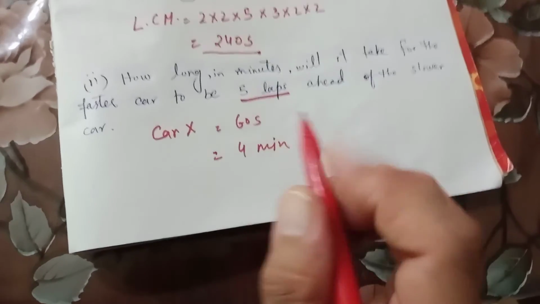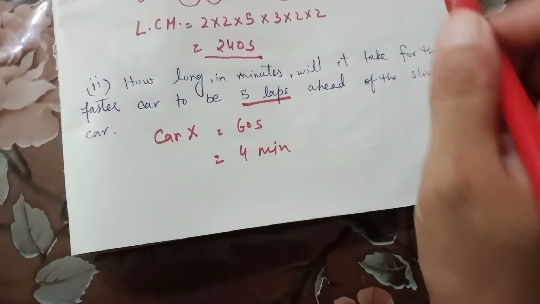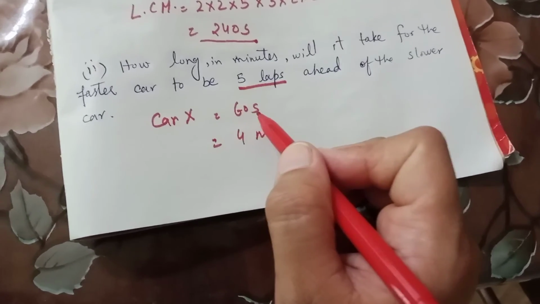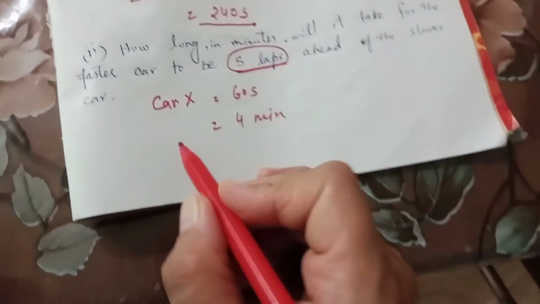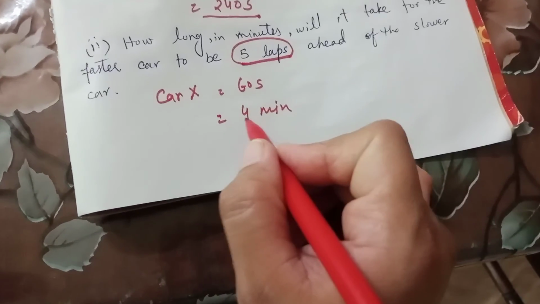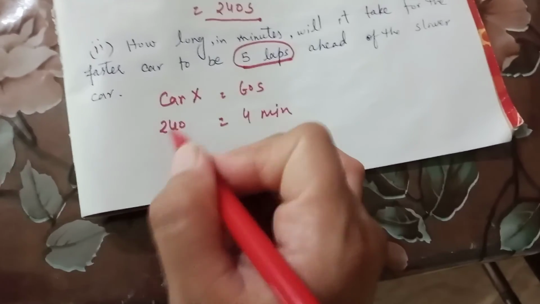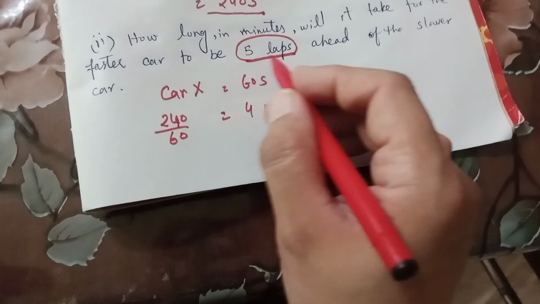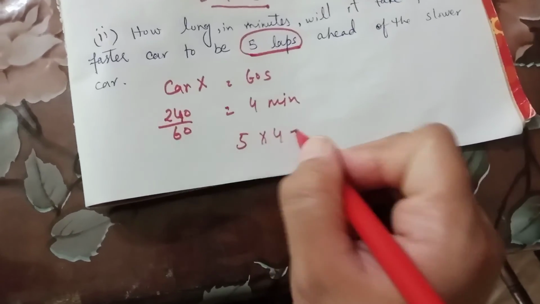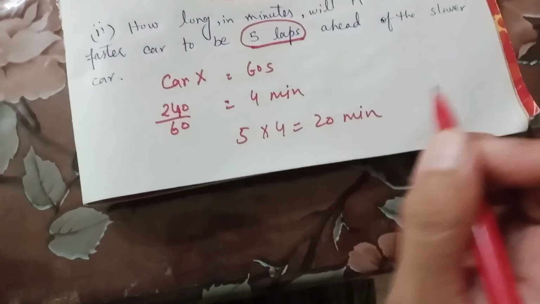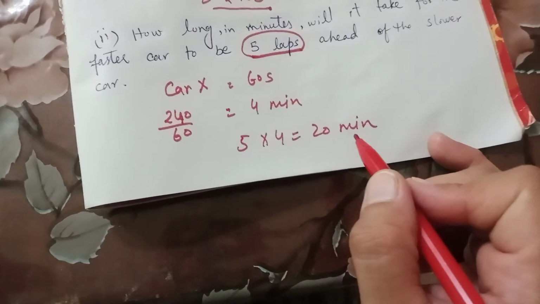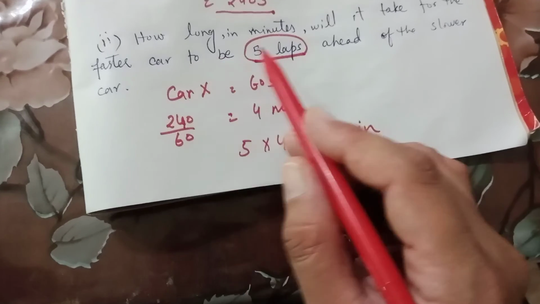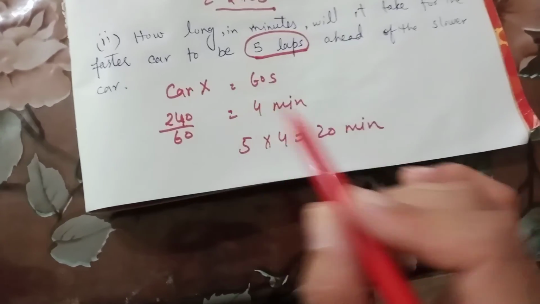In 4 minutes, both cars meet at the starting point. Car X takes 60 seconds, so 240 divided by 60 gives 4 laps, and 5 laps is 5 into 4, 20 minutes. So it takes 20 minutes for the faster car to be 5 laps ahead of the slower car.